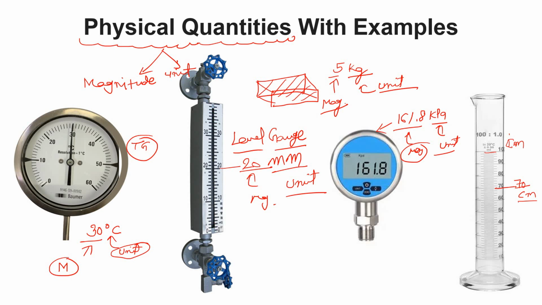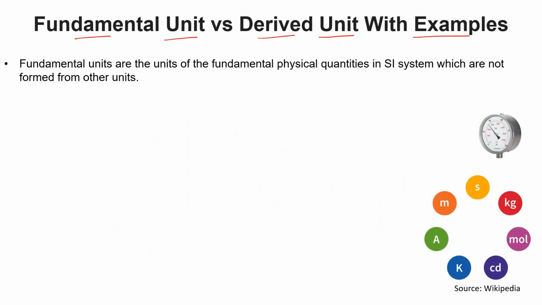So now let's jump into fundamental units versus derived units. What are fundamental units basically? Fundamental units are the units of the fundamental physical quantities. Fundamental is also known as base. Base physical quantities in the SI system are not formed from other units. What is the meaning of this?